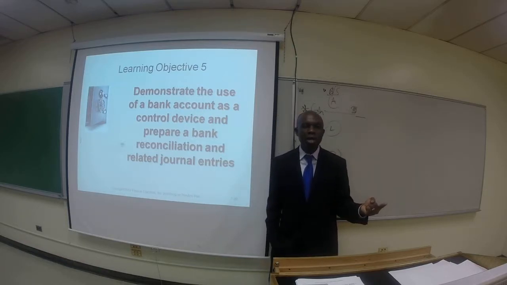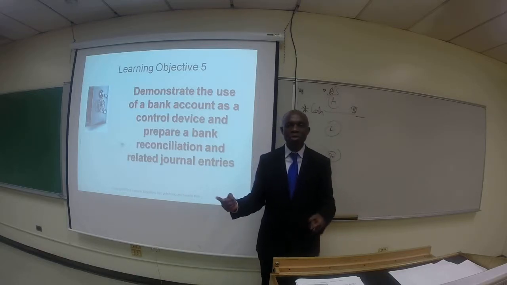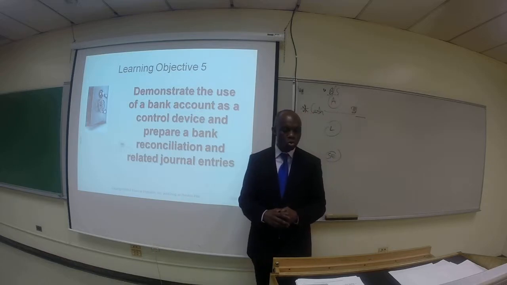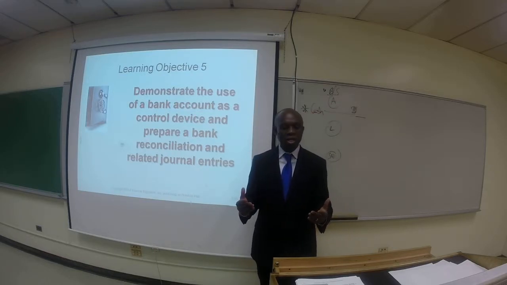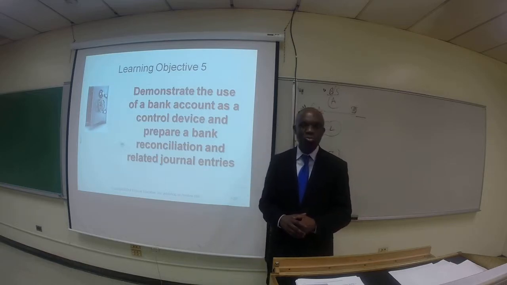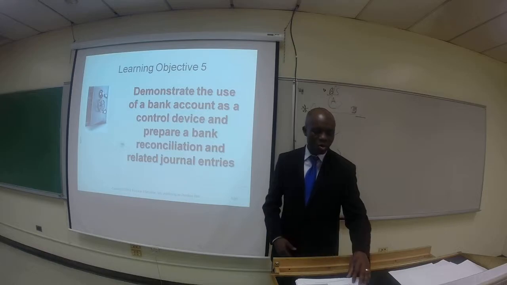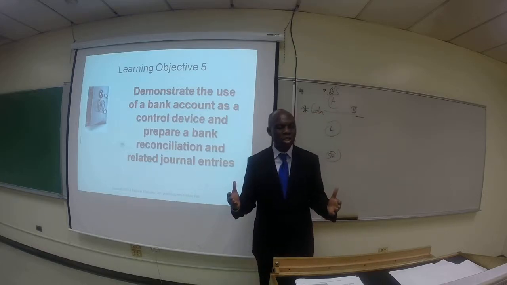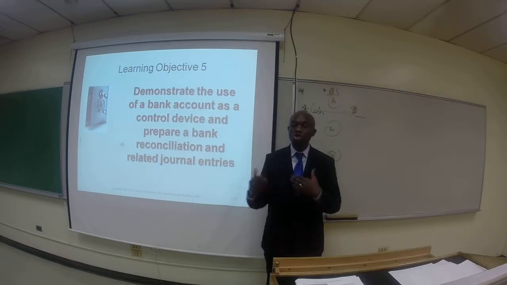So we have two records for the same thing, and of course, as you know, we indicated that cash is the most vulnerable and the most valuable asset of a company. So that is the overview of the bank account as a control device and bank reconciliation.